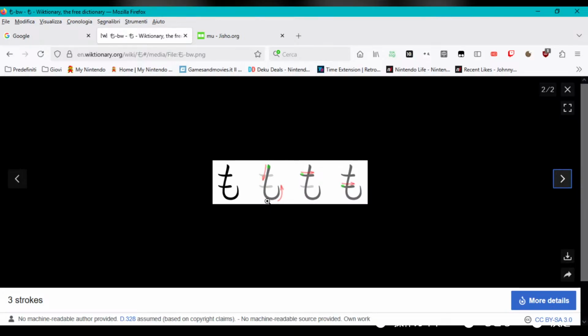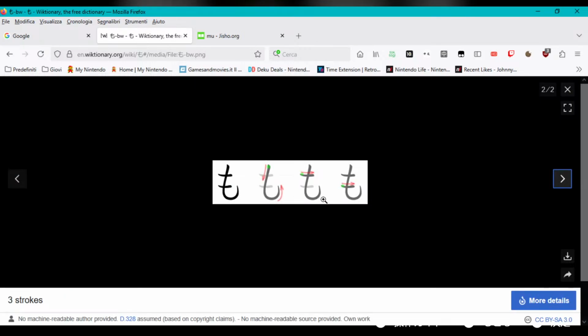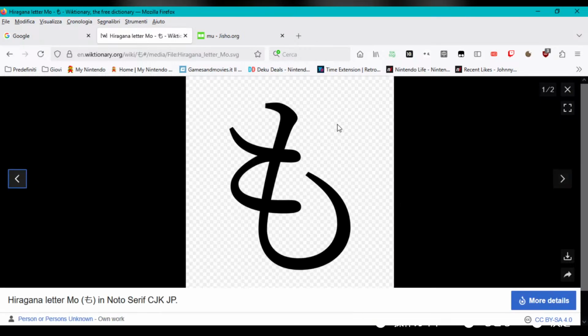Mo, which despite what you might think, in this case we start from the top, showing it so that you can already see it. We start from the top instead of the horizontal ones, top with the curve, left to right, left to right.